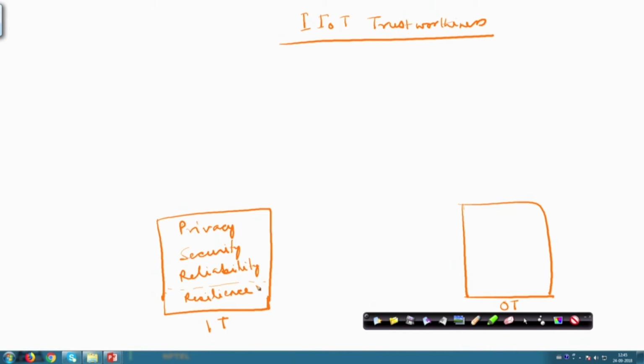On the other hand, if you are talking about OT trustworthiness, the main issues of concern are safety, device safety, machine safety, and so on. Resilience is more important over here, resilience and reliability.